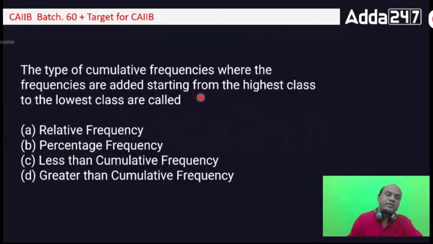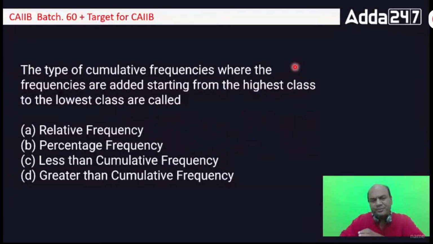The type of cumulative frequencies where the frequencies are added starting from the highest class to the lowest class is called as, now name only. See here, from the name only you'll understand this. Where the frequencies are added from the highest class to the lowest class. Relative, percentage, less than cumulative, greater than cumulative. From highest to lowest, from name only you'll get the answer.